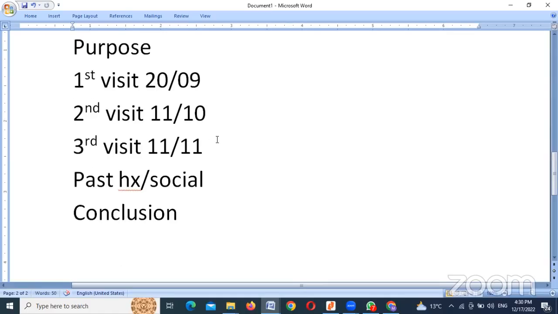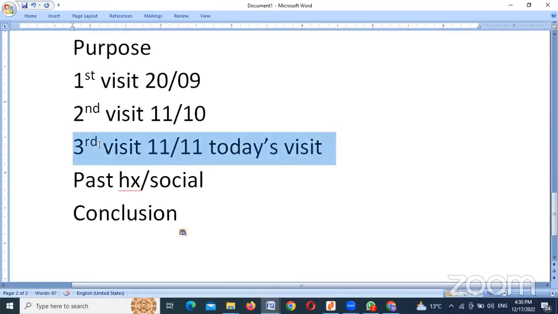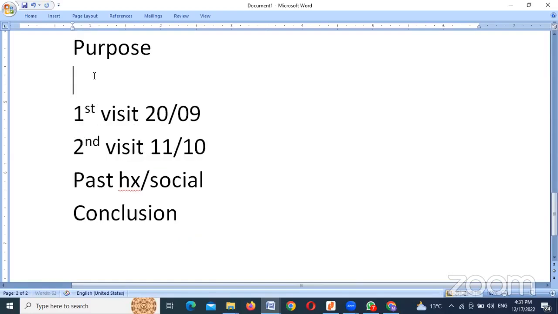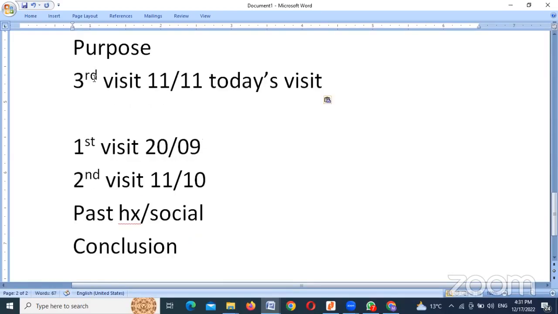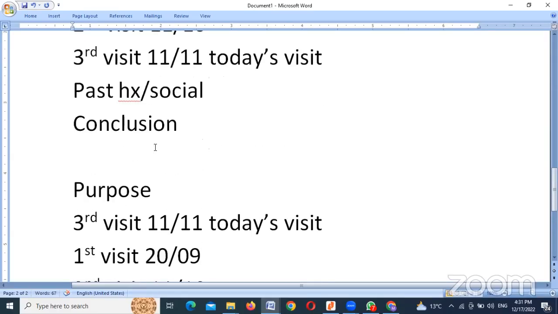This is one way. The other way is that you can say this one is today's visit. We can write after the purpose today's visit, then first visit, second visit, past history.